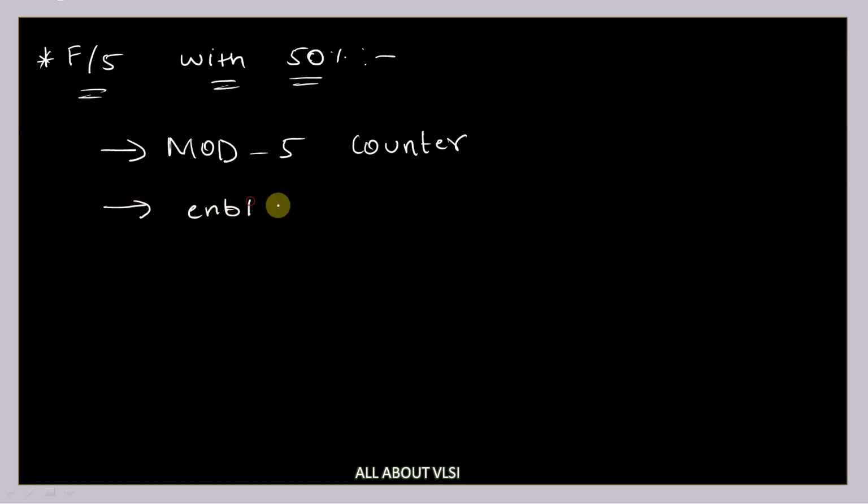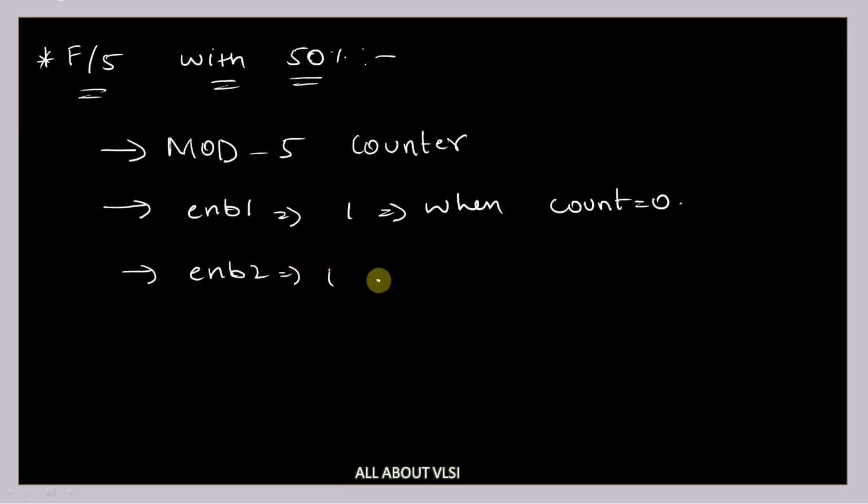One is enable 1, which is going to become 1 when my count is equal to 0, and enable 2 is going to become 1 when my count is equal to 3.